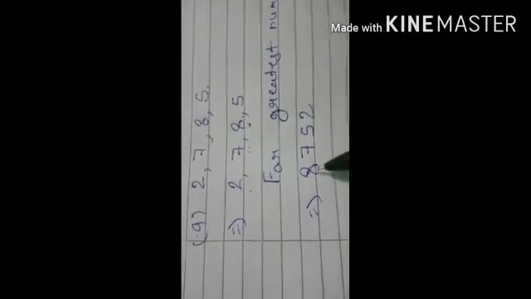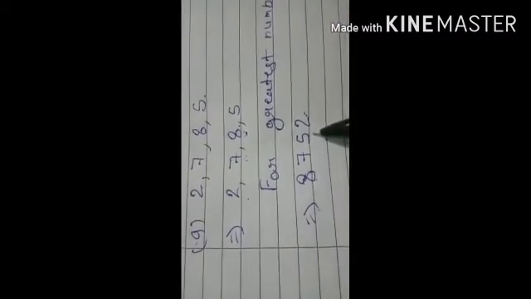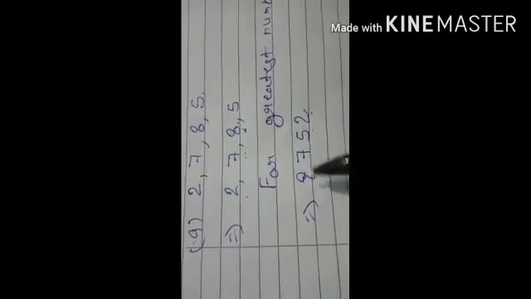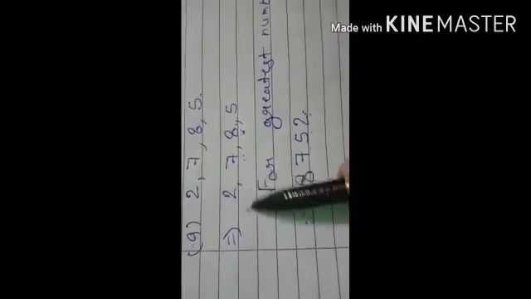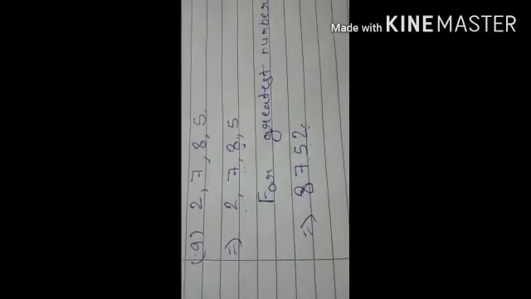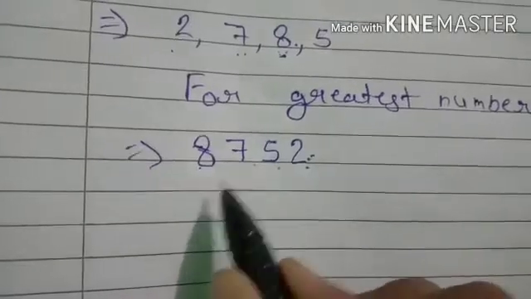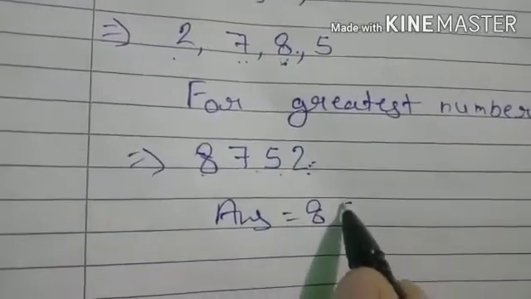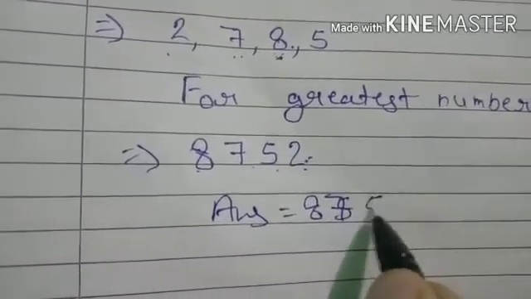So this is 8752. This number is the greatest number made from this group of numbers. So the final answer is 8752.